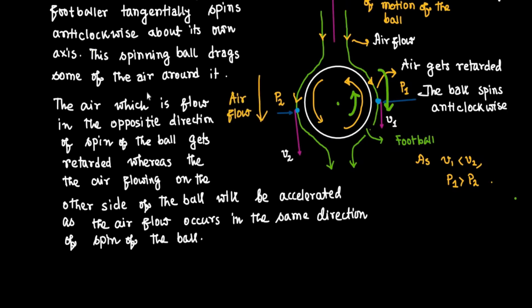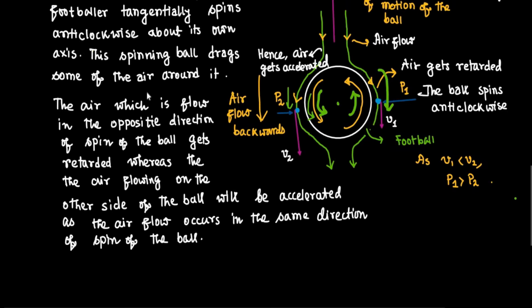In the diagram here, air is flowing in the backward direction and in the same direction of the spin of the football. And in this case, this air gets accelerated.